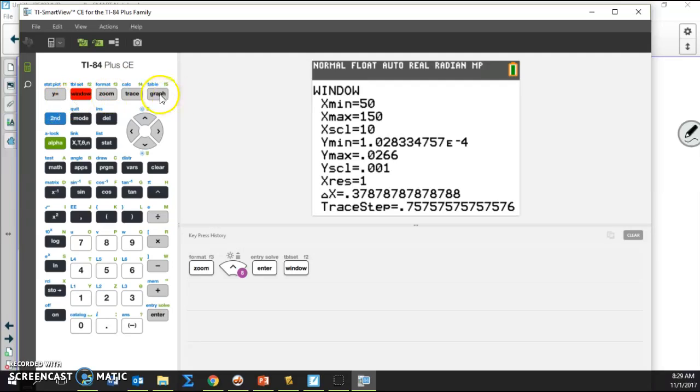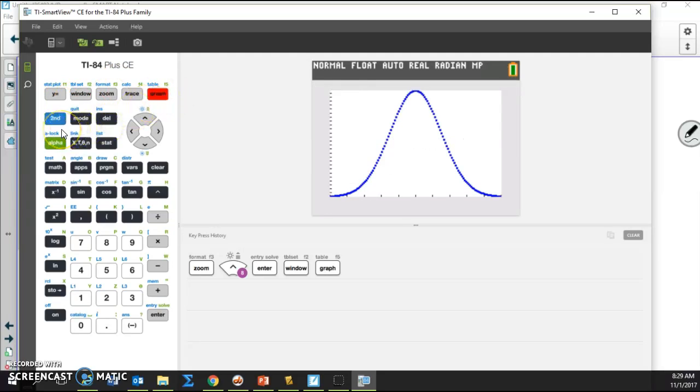If we look back at this graph, the first question says, use the graphing utility to graph the function, and then use the graph in Part A to estimate the average, keeping in mind the average hits right in the middle.